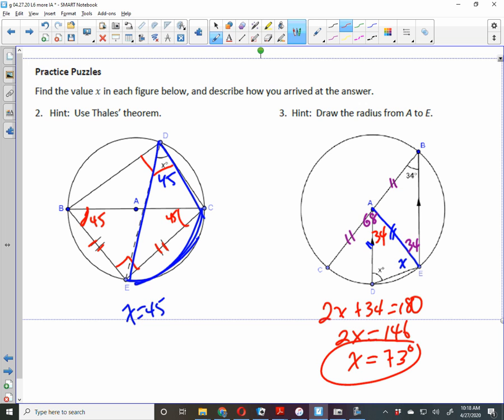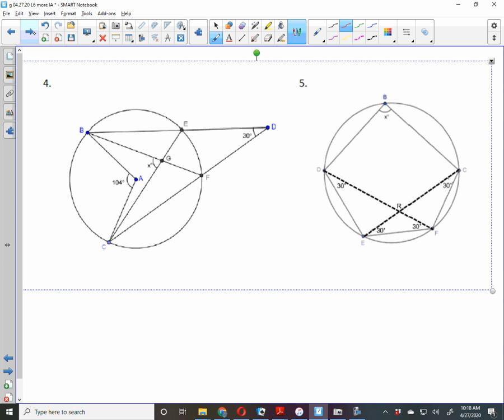And we're able to get through this. Number 4. We've seen this similar problem before. We know that if this is 104, then this angle here, which intercepts the same arc, is going to be half the 104, or 52, which makes this also 52.